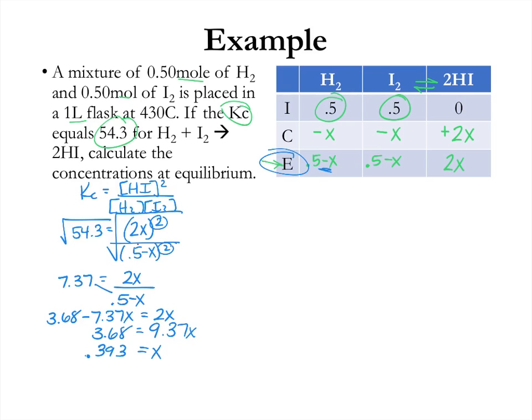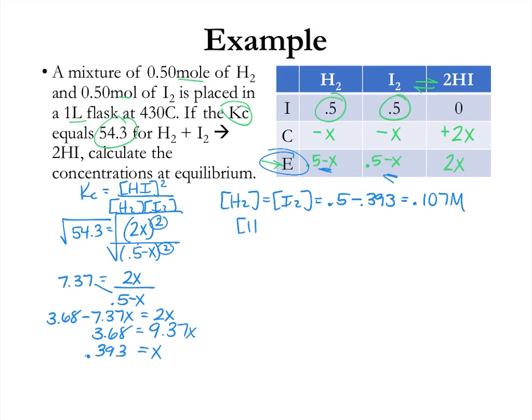So the hydrogen and the iodine equilibrium concentrations are going to be the same because that line is the same. So the concentration of the hydrogen is going to be equal to the concentration of the iodine, and it's going to be 0.5 minus 0.393. And that is equal to 0.107 molar for both of them.